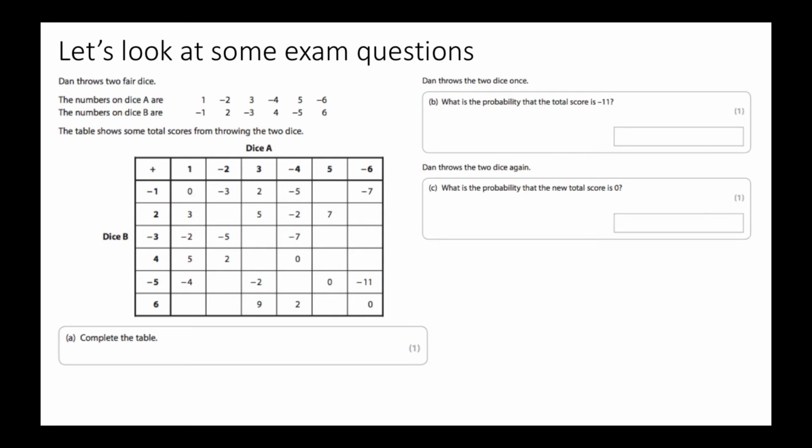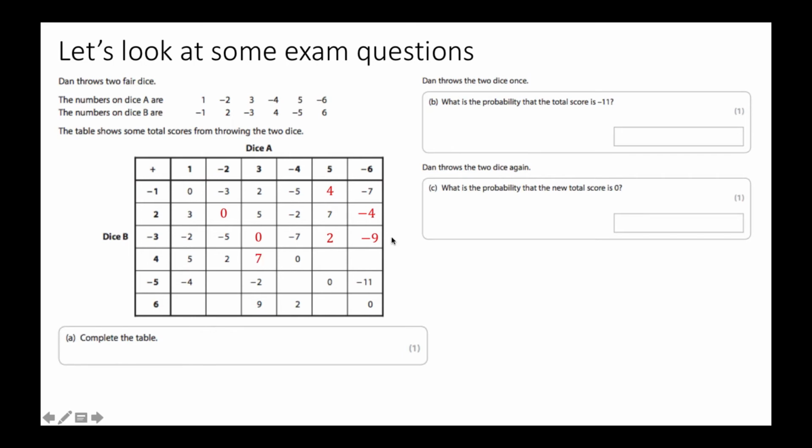Complete the table. Now, as you can see, they are adding the numbers together. They've got the numbers from dice A and the numbers from dice B. And if they're adding them together, I've got to do -1 plus 5, because that's the one that's missing. -1 plus 5 is 4. 2 plus -2 is 0. 2 plus -6 is -4. -3 plus 3, -3 plus 5, -3 plus -6.